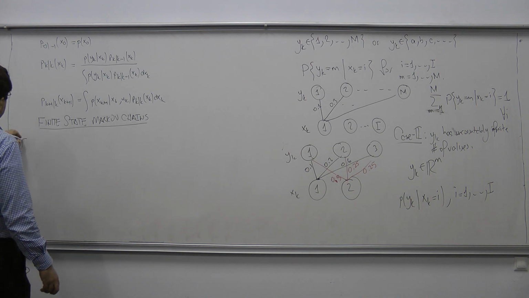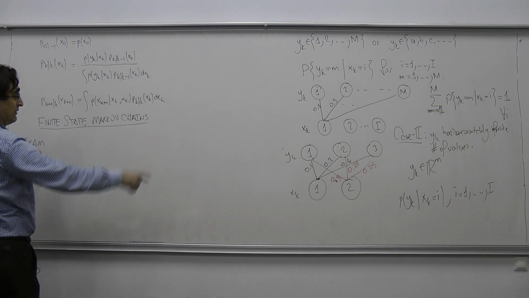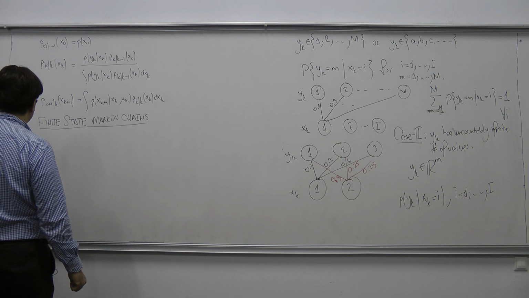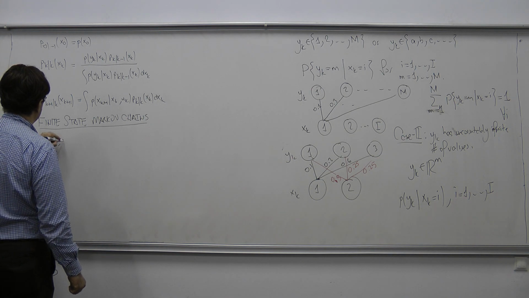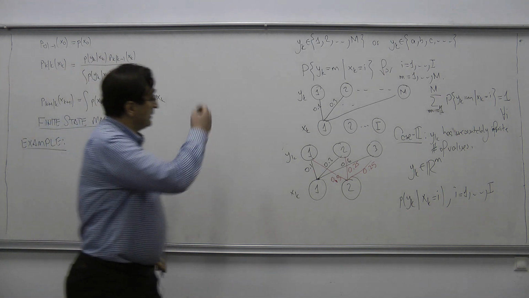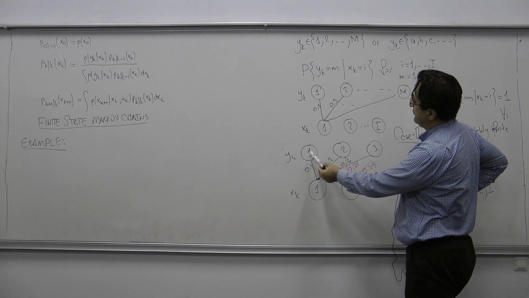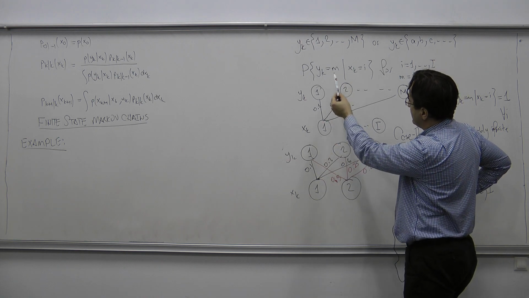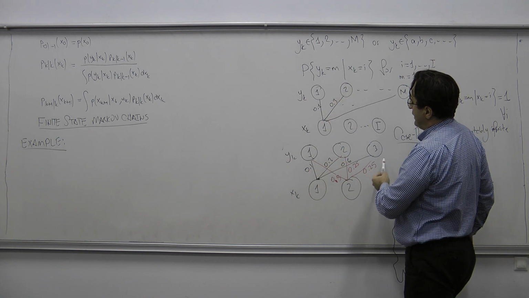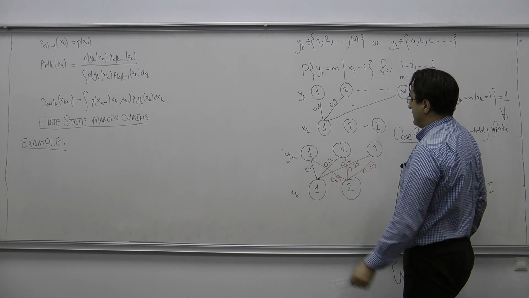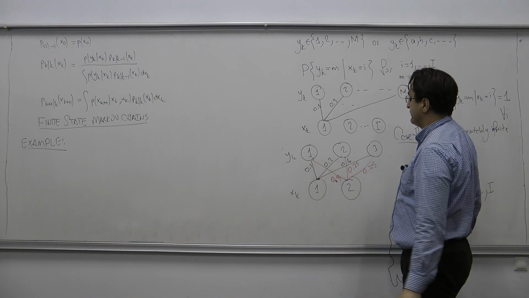So here let us look at an example. Actually, I have already exemplified the discrete random output case. Okay, when I have this, then I need to know all of these values.